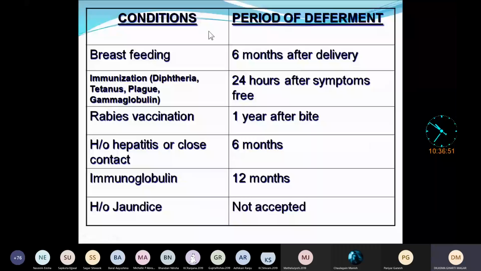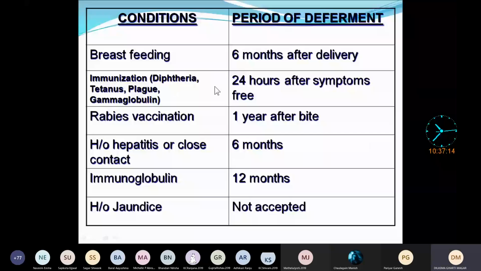So whenever there is immunization, suppose sometimes we give the immunization, isn't it? So one takes the immunization. In case of immunization for diphtheria, you know, whooping cough, isn't it? Anyway, check. So here diphtheria, tetanus, plague, and then the gamma globulin.